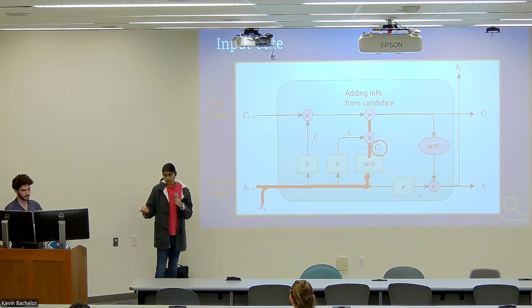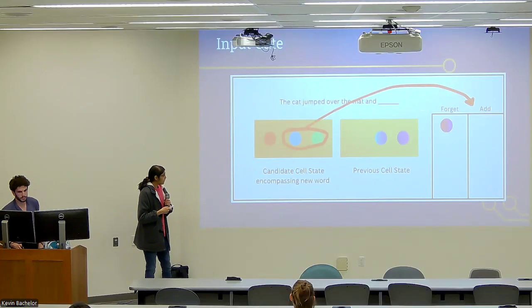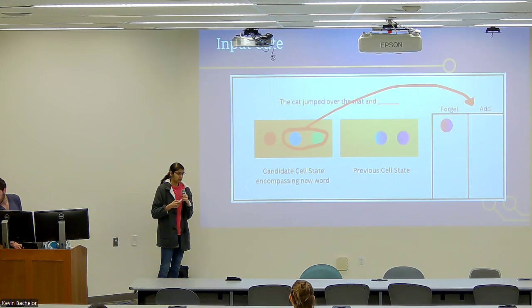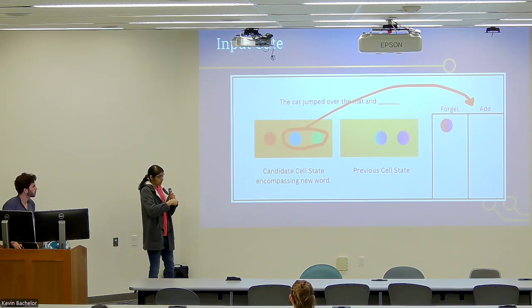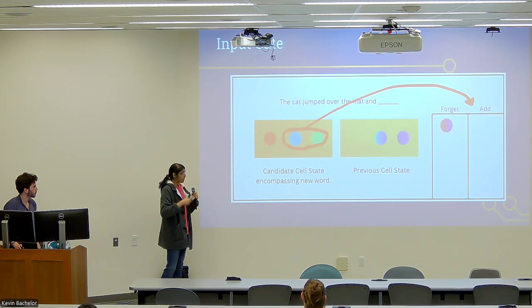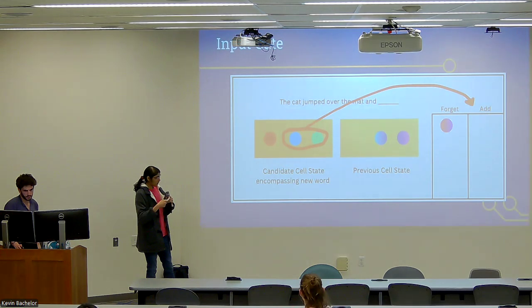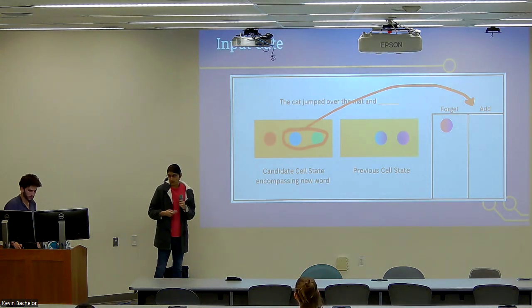If we go back to our example, our candidate cell state was like a new box of furniture, and we wanted to add some stuff to our house. We applied the input gate to our box of new furniture, and we selected some stuff that we wanted to add.